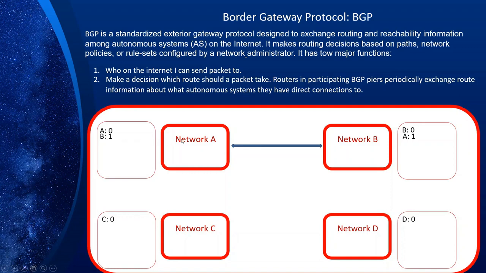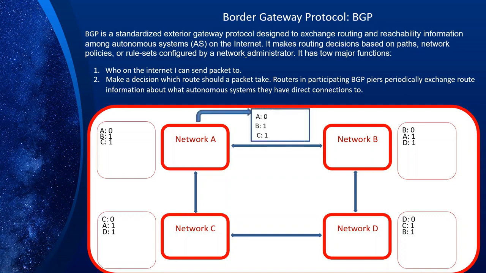And so then let's say A and C are set up to communicate with each other through BGP. The same thing here, C knows about A, and the number of hops is 1. And again, same thing between C and D, and so on. So now we have these 4 networks that know a little bit about each other, but periodically, they also exchange information.